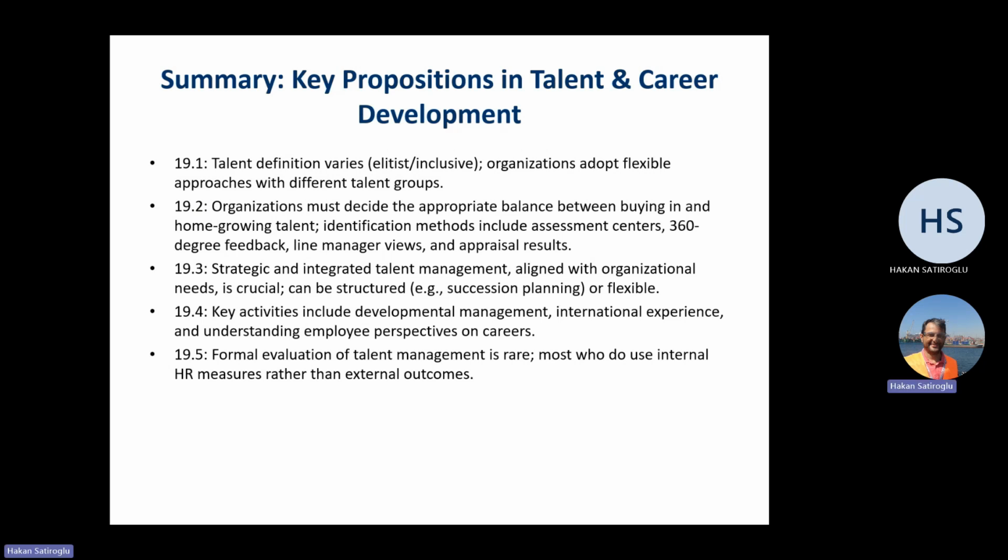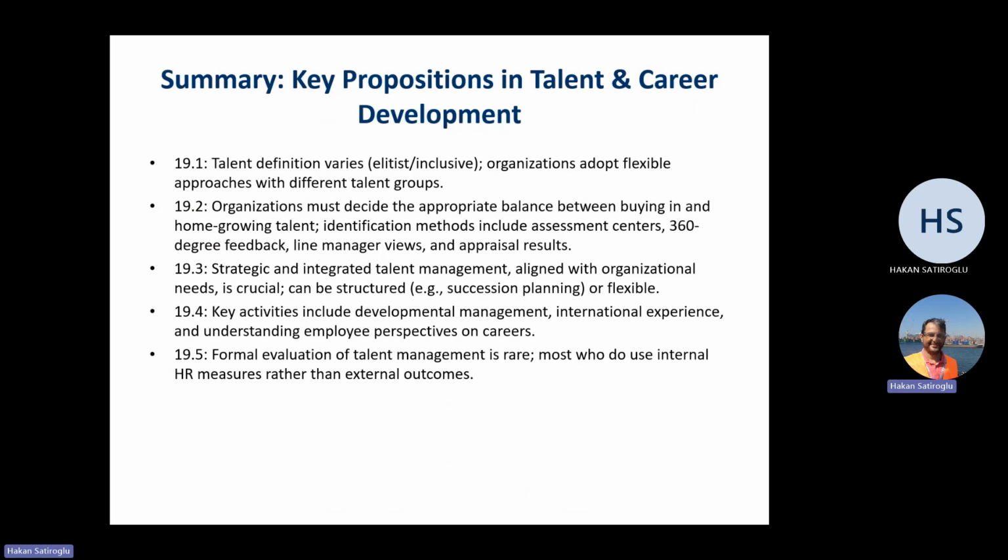I went a little bit quick and passed over that section. You can always go and review that textbook. Formal evaluation of talent management is rare. Most who do use internal HR measures rather than external outcomes. So this synthesis distills the core challenges and insights we explored in talent and career development.